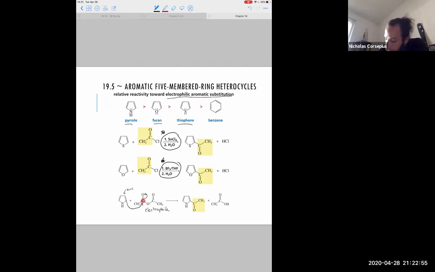In today's example, we again have pyrrole playing the role of a nucleophile, and what I did was give you this compound where you know that this carbon is a good electrophile.